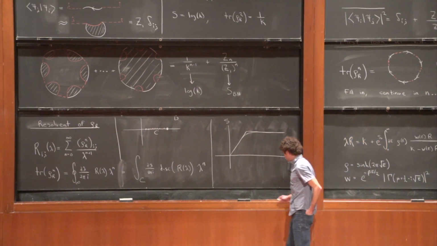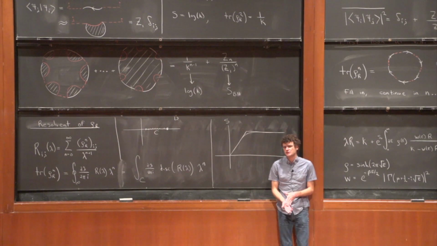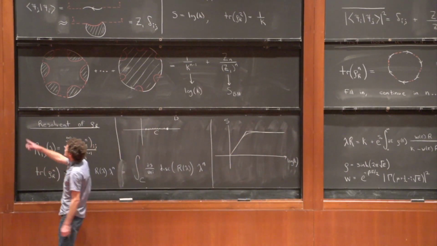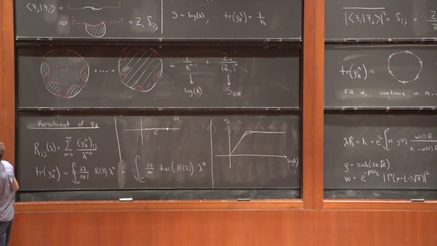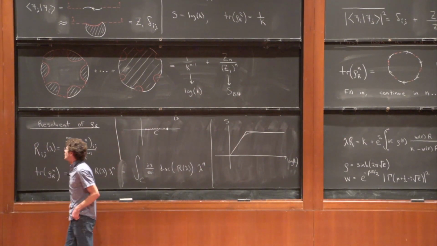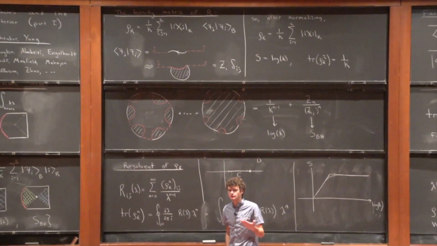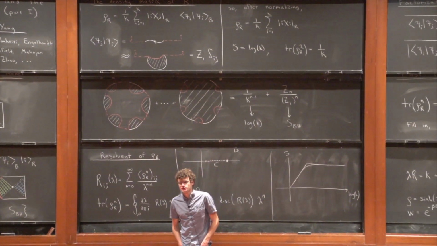Okay, so let me try to summarize briefly. We were motivated by this interesting work to try to understand how the gravity path integral implements the island formula, how to derive the island formula from gravity path integrals.